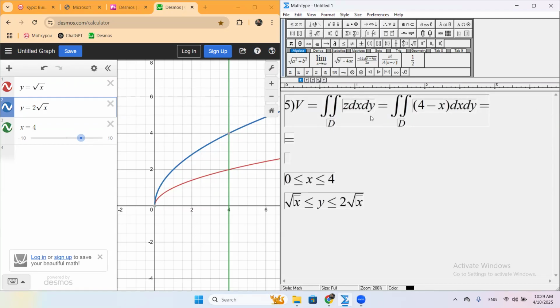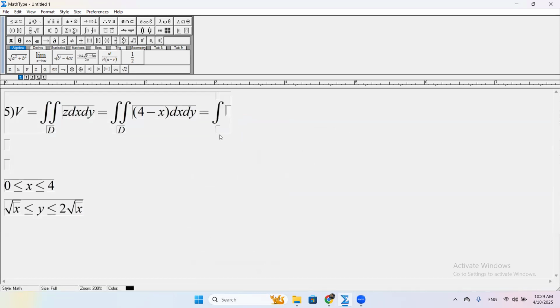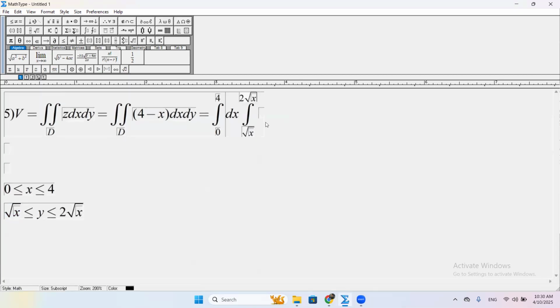So now let's assign bounds of integration: from 0 to 4 dx, and from square root of x to 2 square roots of x.